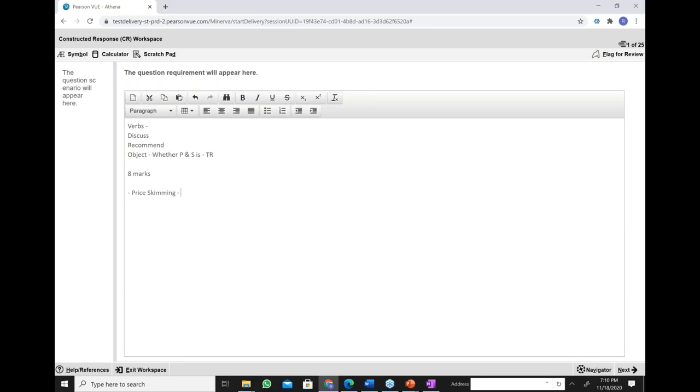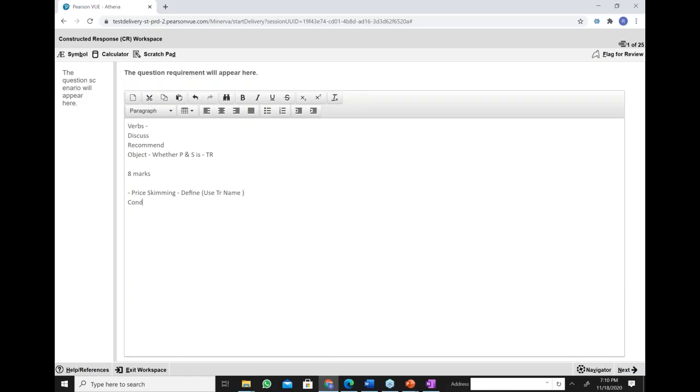You will define it, but use the name of TR company. Now what you'll write is, if TR company goes for skimming, TR will charge a higher price for the anti-malaria drug. Are you getting my point? Write as if you are writing about TR. Show the examiner as if you are writing about TR.